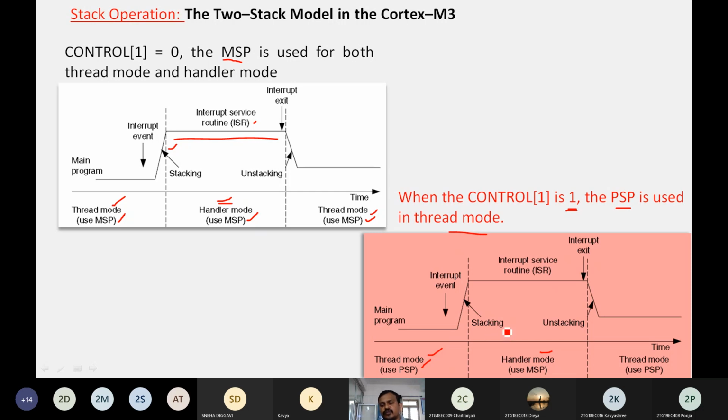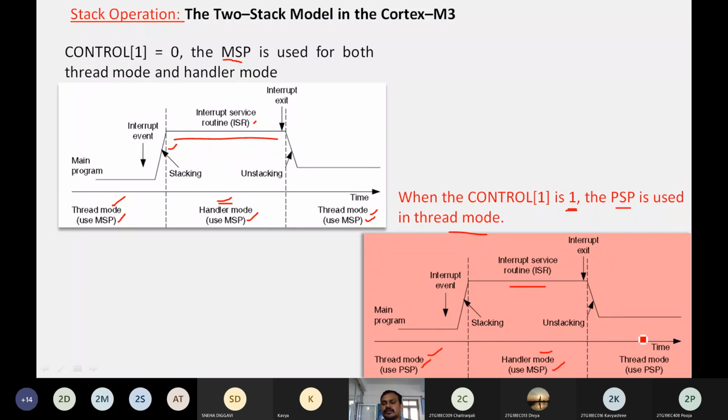the subroutine is called. We are going to upload all the stack values by using push instruction, that is known as stacking. Means control is moved from main program to the interrupt service routine. The subroutine is executing, and here the stack pointer we are going to use is the MSP. Main stack pointer is used, and that is nothing but handler mode. Once we come back from this interrupt service routine, means the exit of this interrupt, we are going to unstack all the content of stack memory.